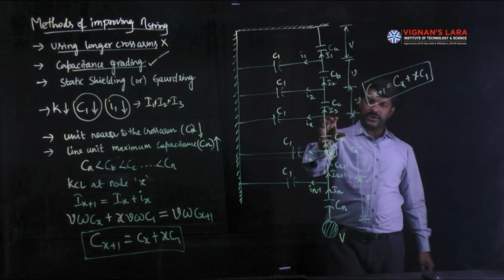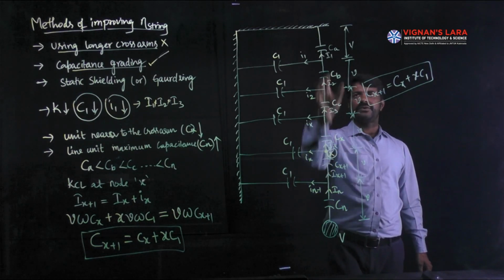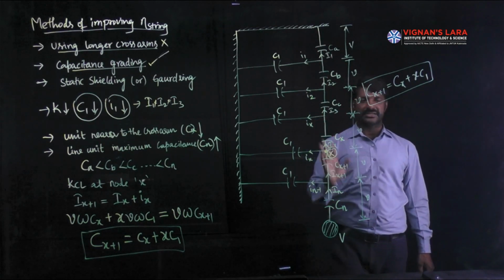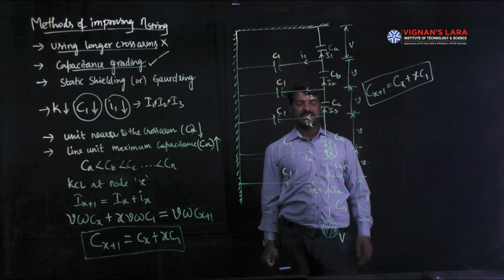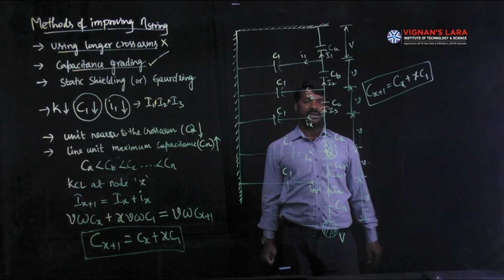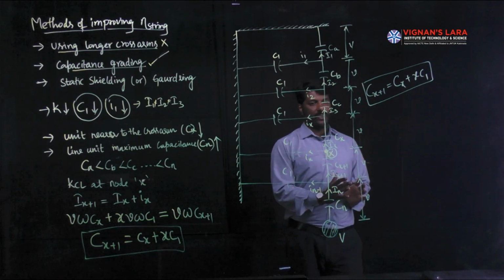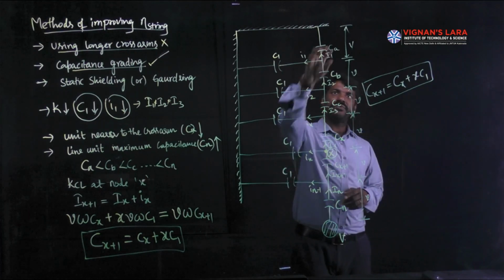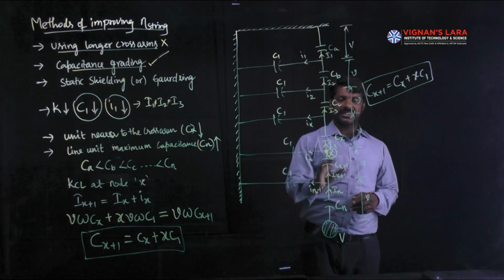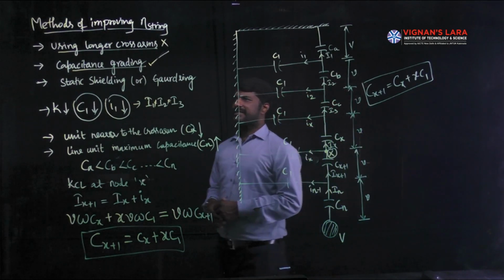Replacing the failed unit with a unit of the same capacitance is very difficult if you grade these capacitors in this fashion. That is the only drawback with capacitance grading. Of course, the string efficiency may be improved, but in the stock we have to maintain more units with different features. Such maintenance is difficult in the case of capacitance grading.